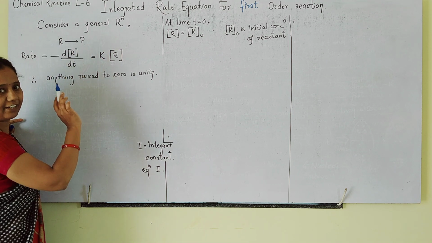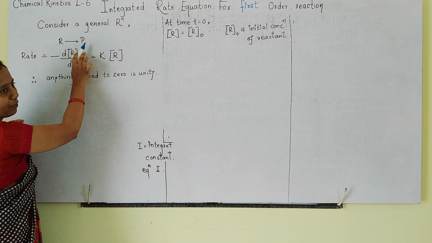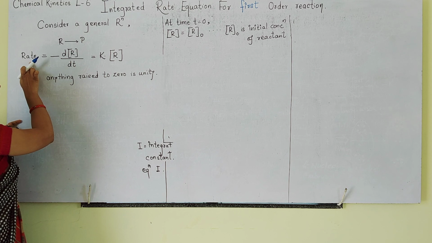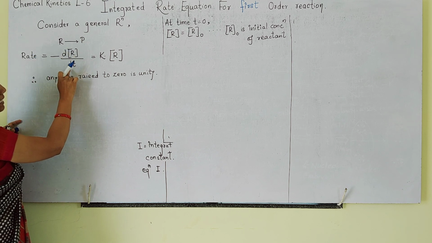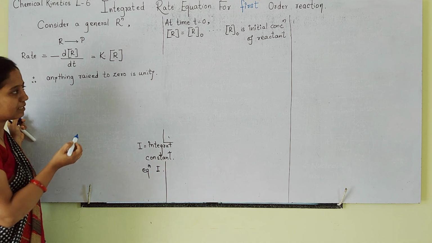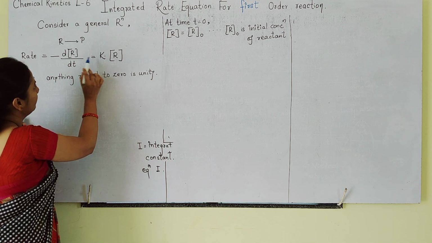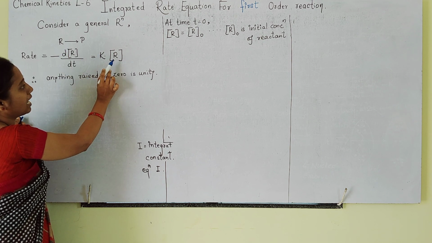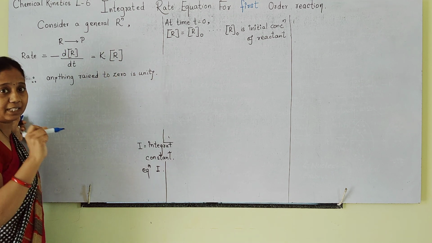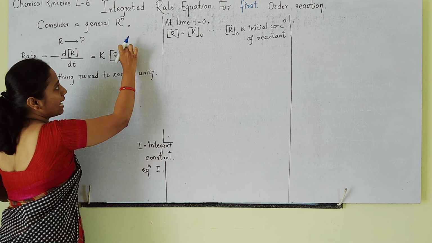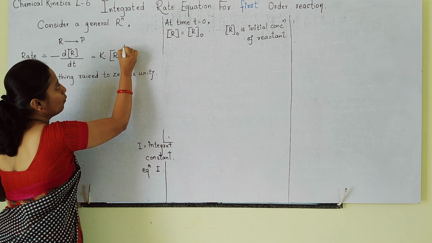Consider a general reaction, R gives P. Reactants are giving products. How to write rate of reaction? Minus dR by dt. By rate law, how can you write? Rate is equal to k into molar concentration of reactant R. But now order is 1. Previously I had written 0, now I am writing 1.